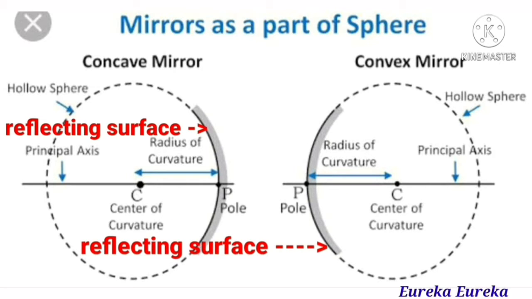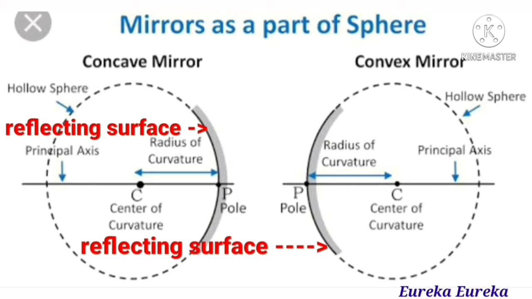Now the next question is, how are concave and convex mirrors constructed? Concave and convex mirrors are also known as spherical mirrors, and they are constructed using a hollow spherical glass, one surface of which is made a reflecting surface.